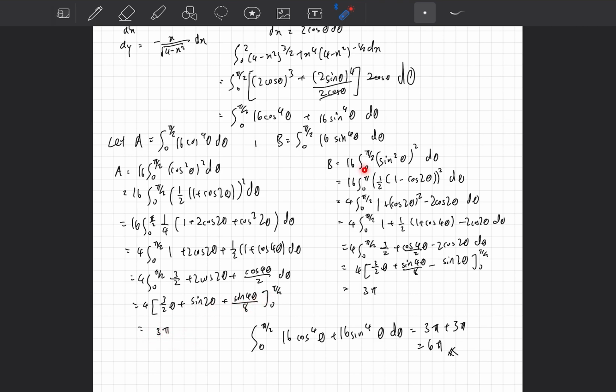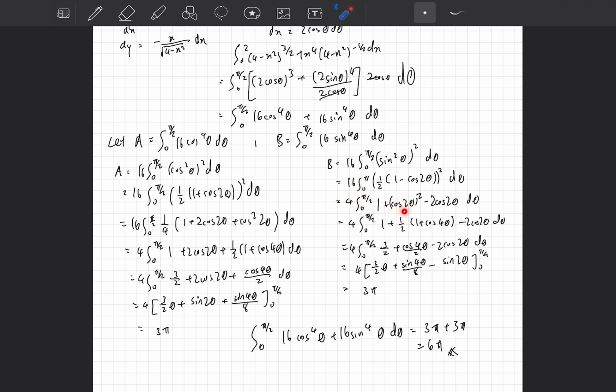So for B, it is the same. I let sin 4 theta equal sin squared theta bracket squared, and substitute sin squared theta with 1 over 2 bracket 1 minus cos 2 theta close bracket. Then the 1 over 2 with the square there will be 1 over 4. Then multiply with 16 and get 4 here.